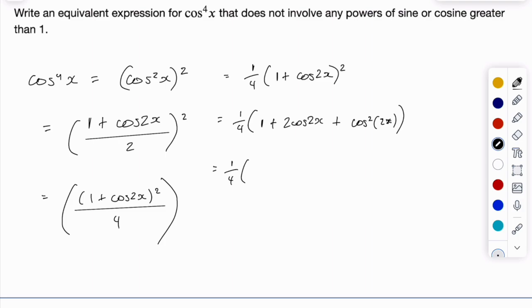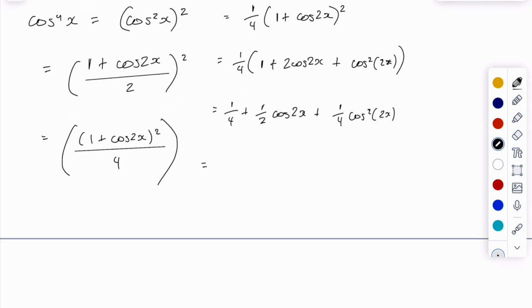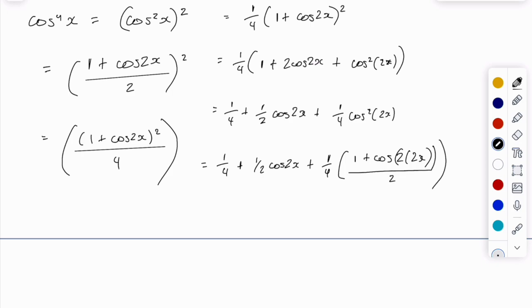If we expand this out, we get a quarter, plus a half cos 2x, plus a quarter of cos squared 2x, which equals, again, a quarter plus a half cos 2x, plus a quarter of 1 plus cos of 2 times 2x, over 2. Now let's look into this a little bit.